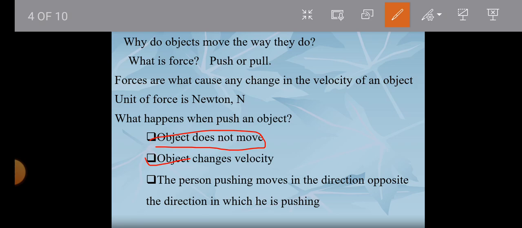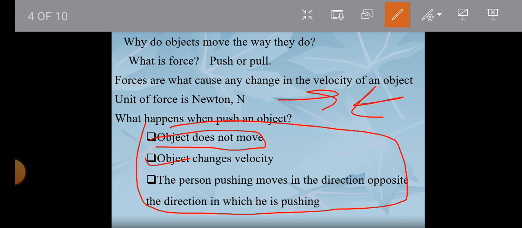Sometimes the object does not move, when the pushing force is the same as the resultant force. These conditions can apply in certain situations, but let's assume that our force is great enough. That means the velocity is going to change.